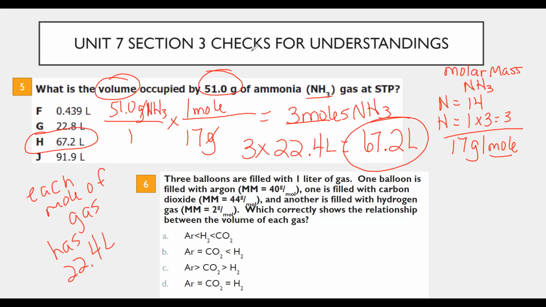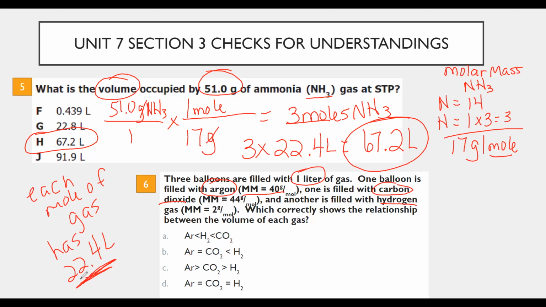All right, for number 6, you are looking at 3 balloons filled with 1 liter of gas. 1 balloon is filled with argon, and they're giving you the molar masses for each one. One's filled with carbon dioxide gas, and then with hydrogen gas. But remember, for all gases, 1 mole is equal to 22.4 liters, so they're pretty much comparable. It doesn't matter with these, the volume is going to be the same.